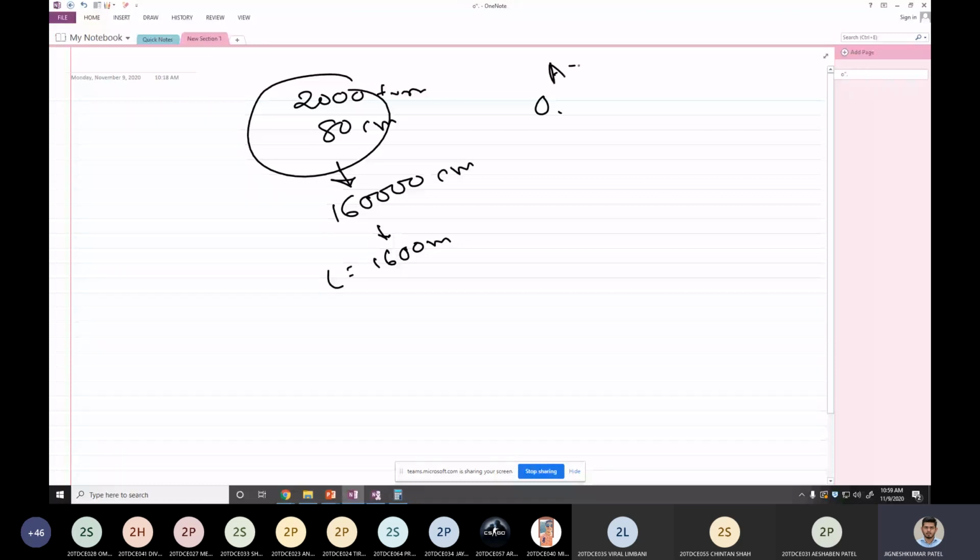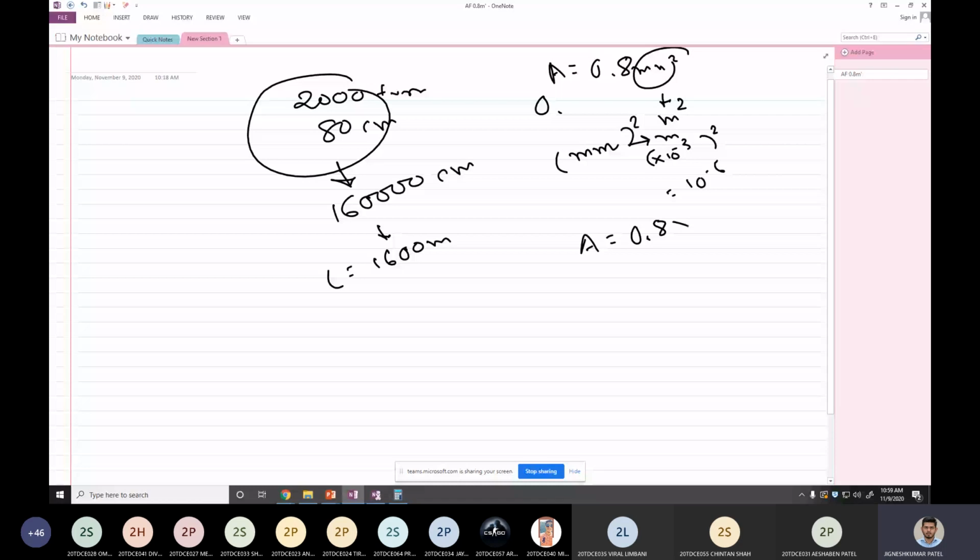So A is equal to 0.8 millimeter square. I have to convert this millimeter square into meter square. To convert a millimeter into meter, I use power 10 to minus 3. But here we have millimeter square, so I'll square it. Actually 10 to minus 6. My area A would be 0.8 into 10 to minus 6.